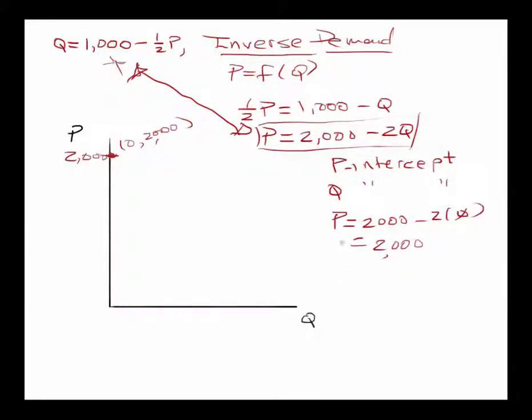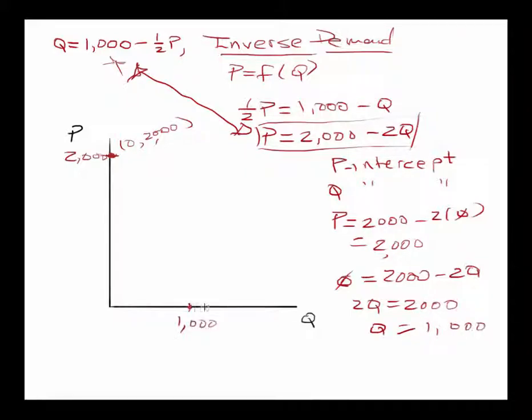So I have P is equal to 2,000 minus 2Q. So if P is equal to 0, 0 is equal to 2,000 minus 2Q, or 2Q is equal to 2,000, and Q is equal to 2,000 over 2, or 1,000 units. So here's Ashley's q-intercept. It is 1,000, 0. Connecting these 2 points with a line, we get Ashley's inverse demand curve.